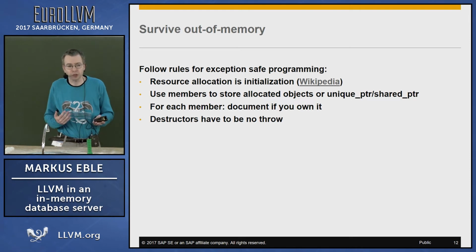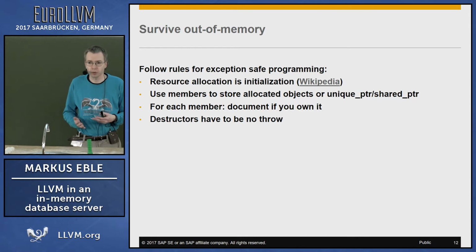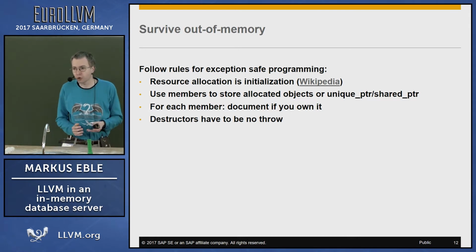So whenever you have an allocation or another resource you acquire, you have to assign it to an owner, and this owner in his destructor has to take care of the deallocation. So you can either use a member of an object, or we also have unique pointers, shared pointers. So that's the main point. Really, consequently, when allocating something, put it to an owner who takes care during destruction.